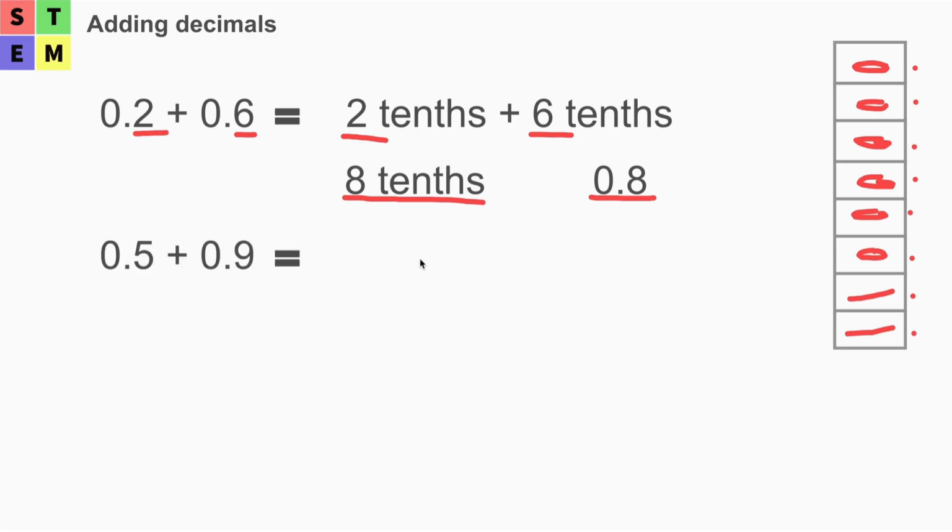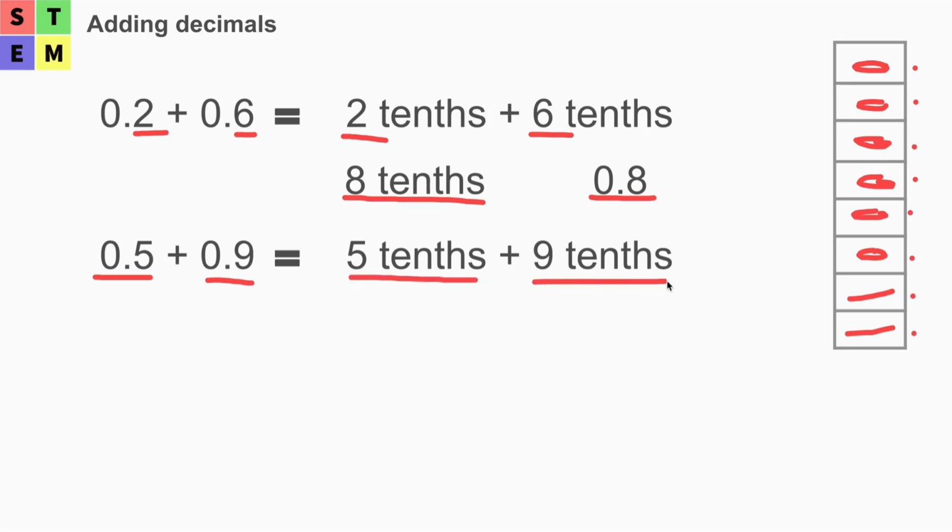All right. So we'll have 0.5 plus 0.9. Okay, so again, we can convert it to 5/10 plus 9/10, right? Which is 5 plus 9. So 5 plus 9, we have 14/10.